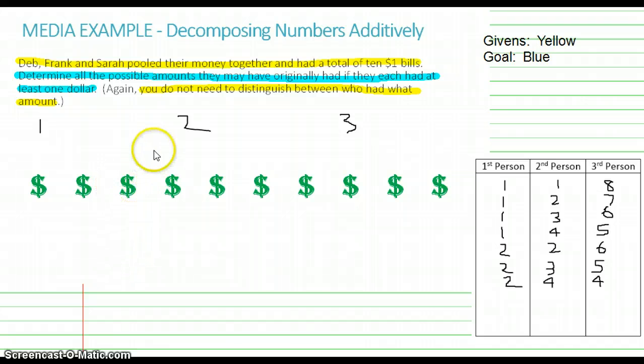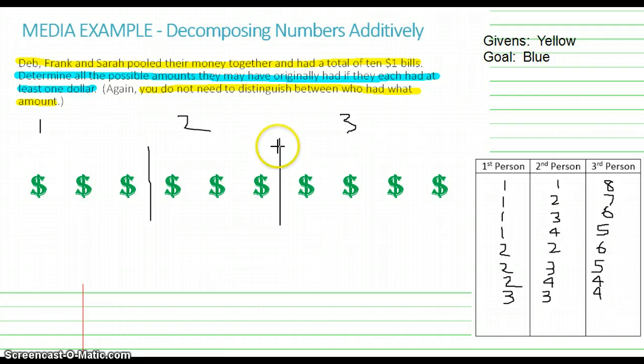So next we'll move on to 3. So the first person has 3, and again we don't want to have any combinations with $1 or $2, so the second person needs to have 3. So this is 3, 3, and 4. Okay. Now let's see what happens if we move this line 1 over. 1, 2, 3, 4.